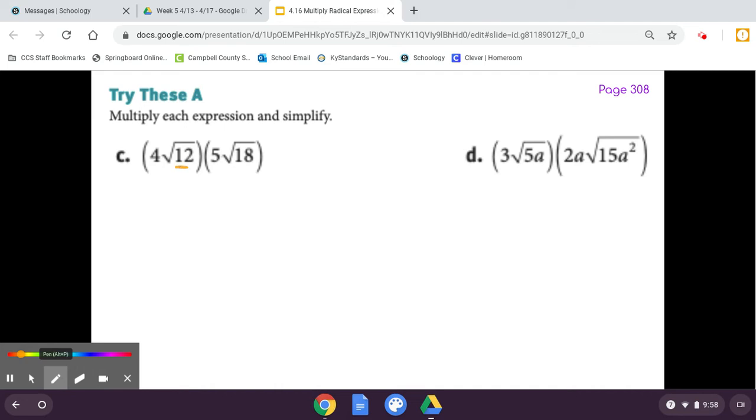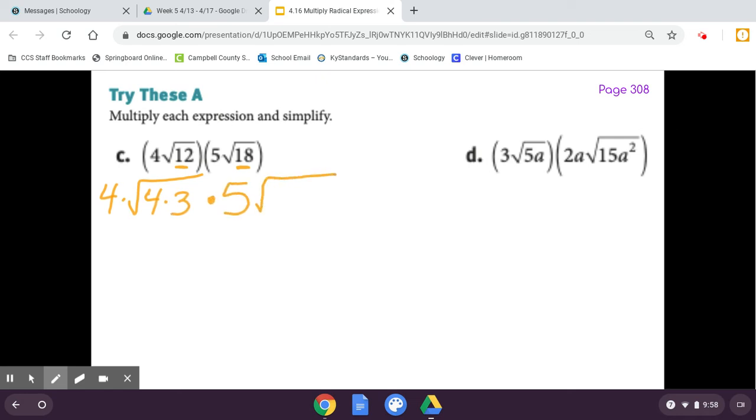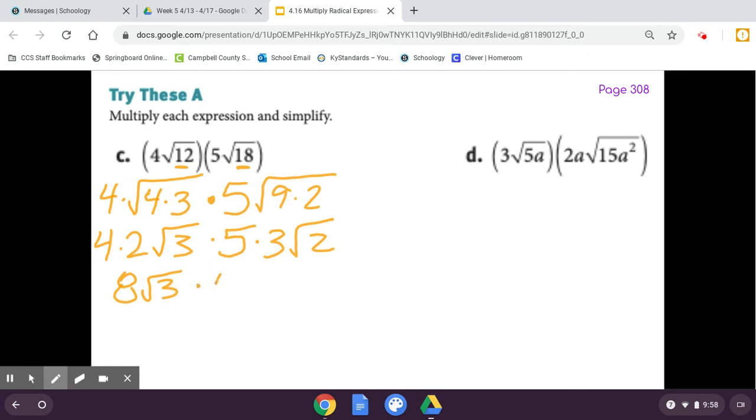So I can pull a perfect square out of 12, and I can pull a perfect square out of 18. So I'm going to simplify this before I actually multiply. So I have 4 times the square root of 4 times 3 times 5 square root of 9 times 2. So this is 4 times 2 square root of 3 times 5 times 3 square root of 2. 8 square root of 3 times 15 square root of 2.